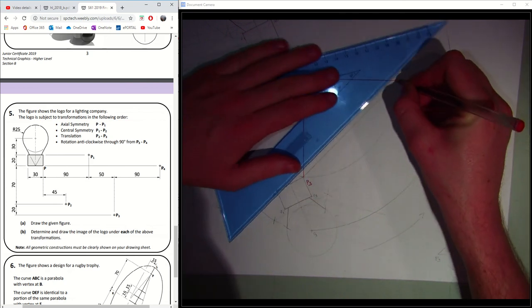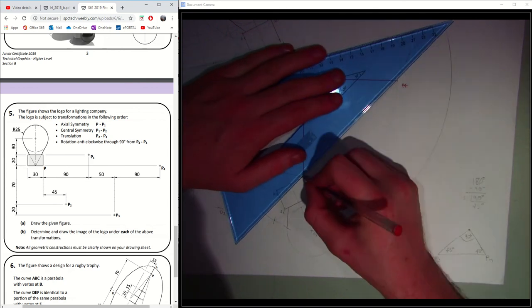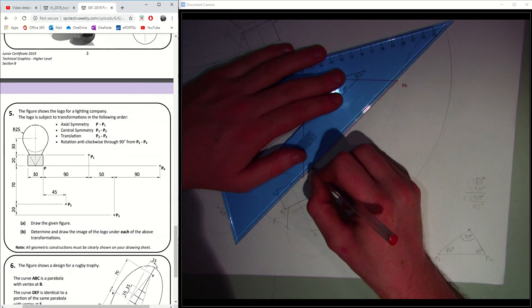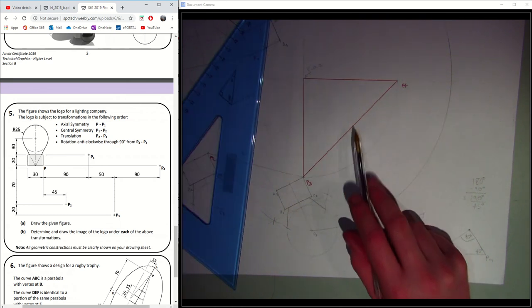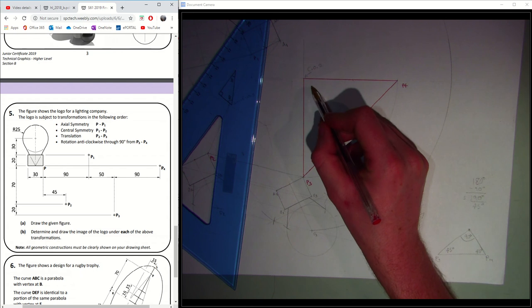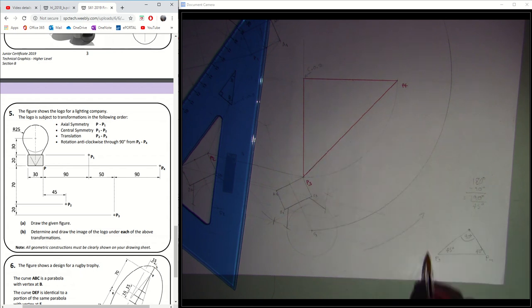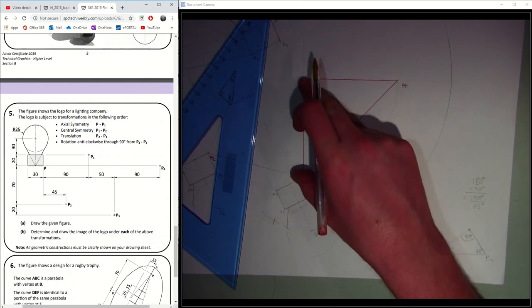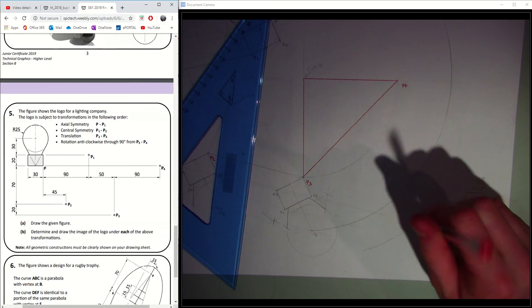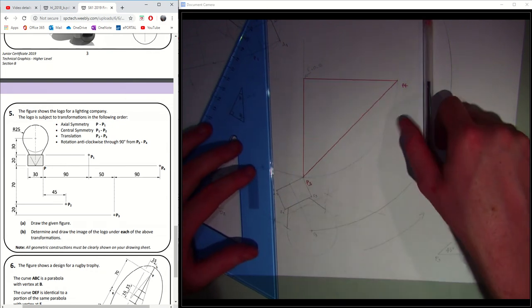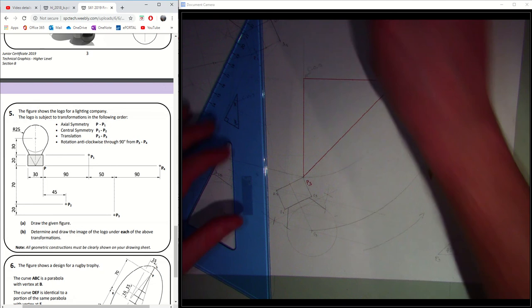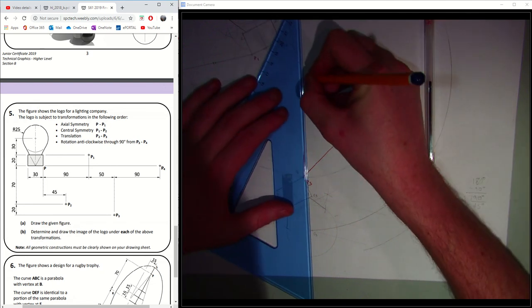Now, I created a triangle from P3 to P4 with 90 degrees at my center of rotation, and these two are 45, which we calculated here. I rotated from its center around, and that got me P4. So I want to do a similar thing here, except with D3. So I'm going to join my center of rotation to D3.